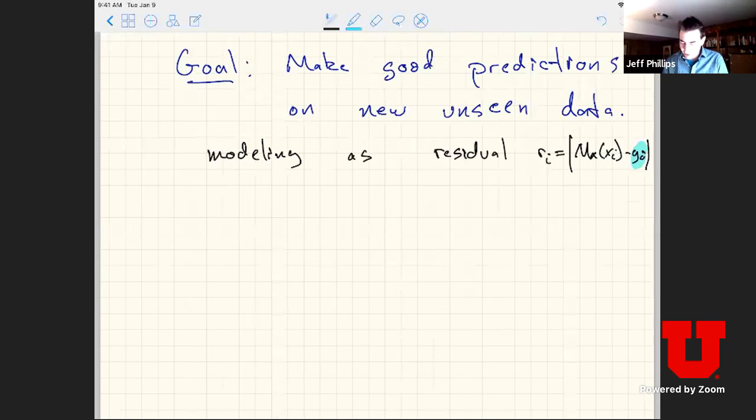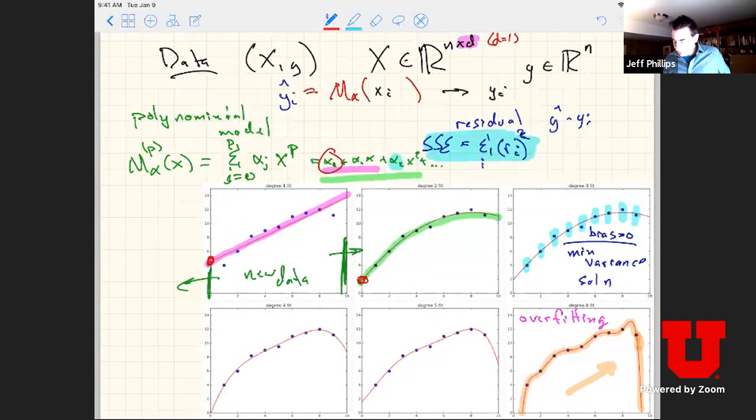So this concept is called generalization. We want the model to generalize well to new data. With the degree 8 fit I showed in the previous slide, it's working well on the existing data, but we would guess that it probably would not do well on new data.